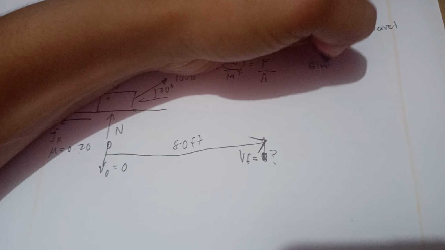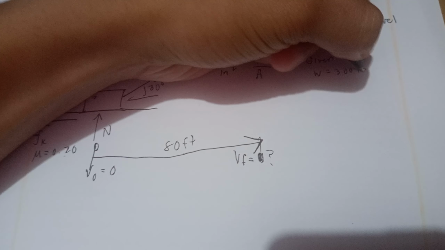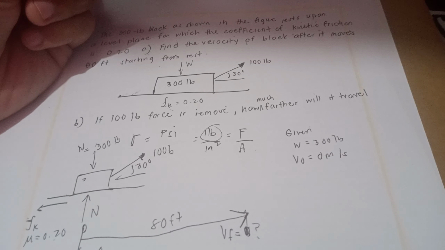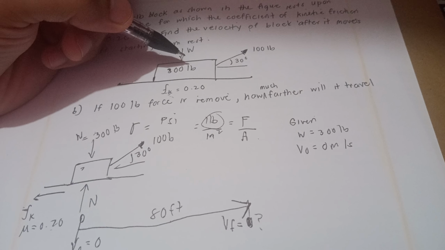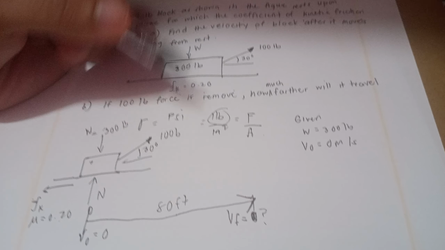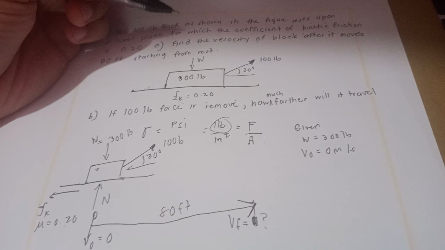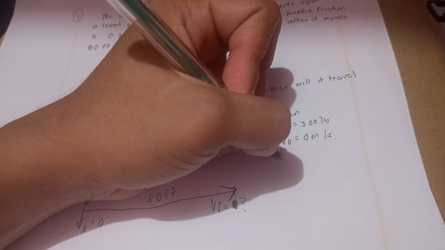Para mahanap yan, titingnan muna natin mga given. Meron tayong weight na 300 pounds, meron tayong initial velocity, 0 meter per second. Kung papansin mo rito, naka-pounds siya, tapos naka-feet yung distance na 80 feet.